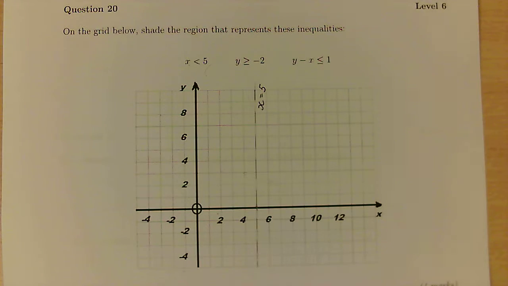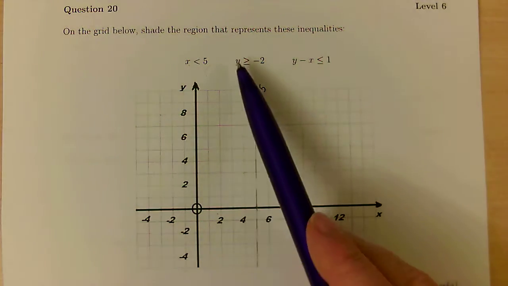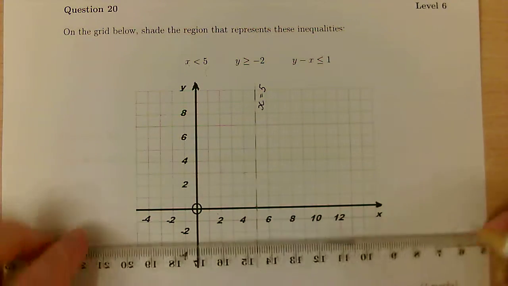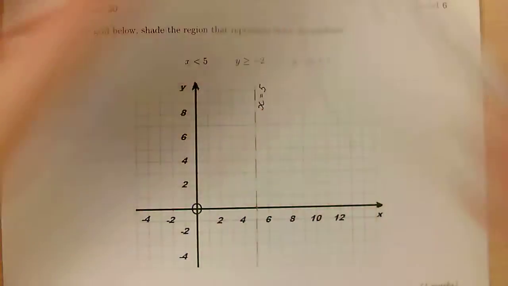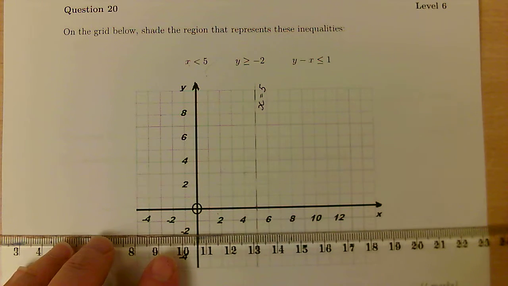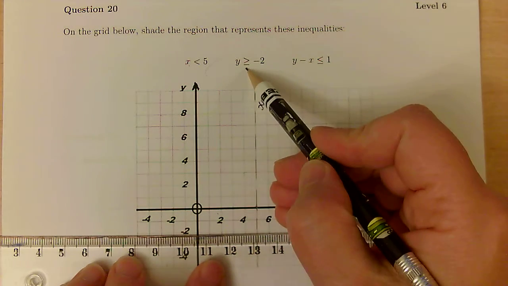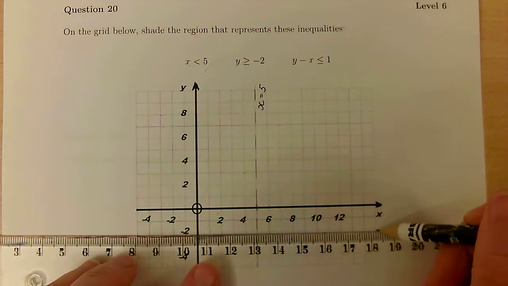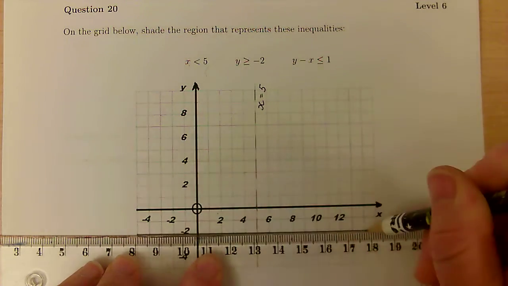Okay, now the next one, y more or equal than minus 2. First of all, let's find the line y equals minus 2. Y equals minus 2 is here, and so we will draw the line y equals minus 2. Again, look at whether y is included. Yes, it is included. You see, it's more or equal than minus 2. So therefore the line will be full.